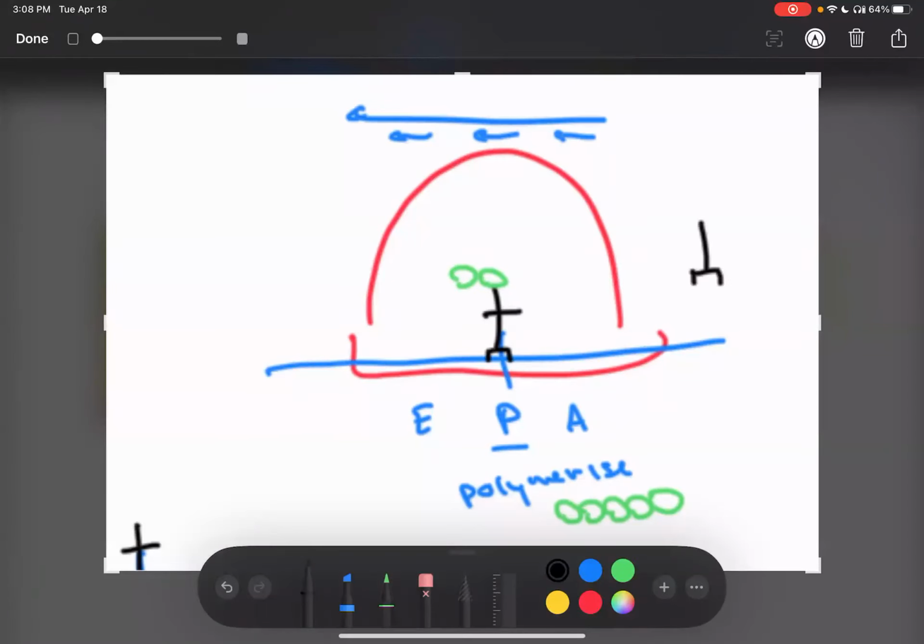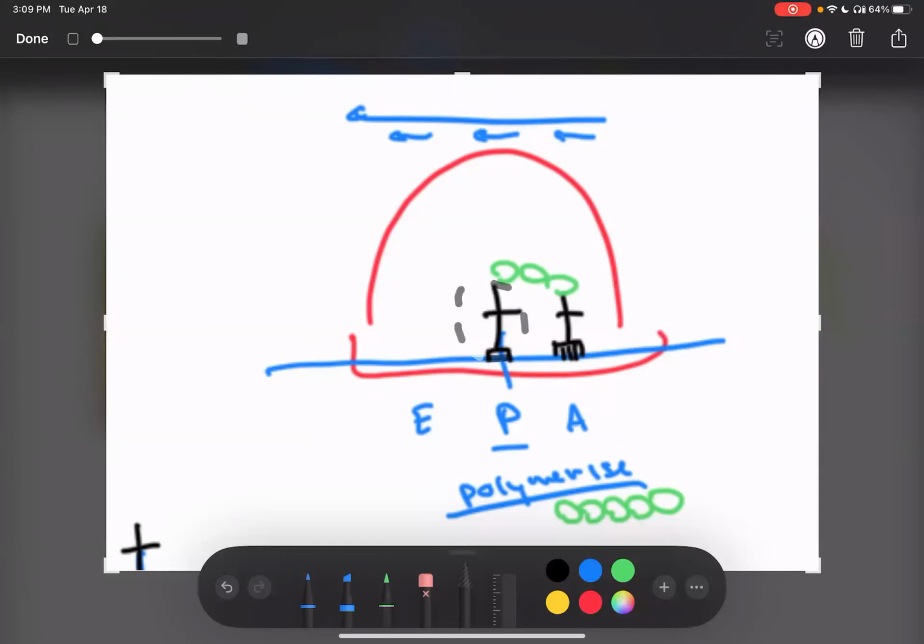We have a new tRNA with a new guy, and it will come in to the A site, because remember, it starts at the first letter of the alphabet. And once we have that bonding of the anticodon to the codon, that signals to this tRNA in the P site that it's time to polymerize.